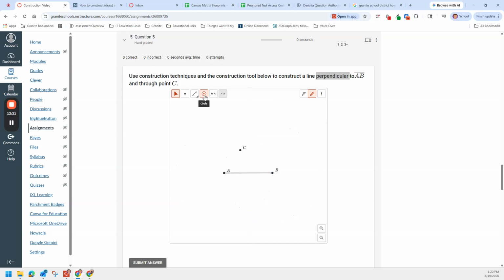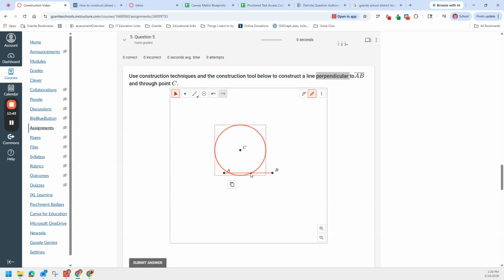So let's reset that. Now, what I want is to have two points along here that are the same distance from C. So I'm going to go ahead and start a circle. And there, I've created a circle.